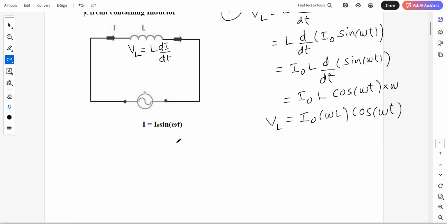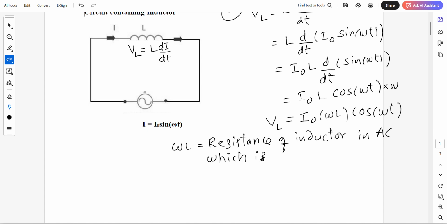Omega L is the resistance of the inductor, which in alternating current is called inductive reactance. XL is equal to omega into L.